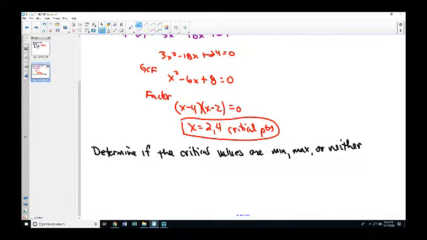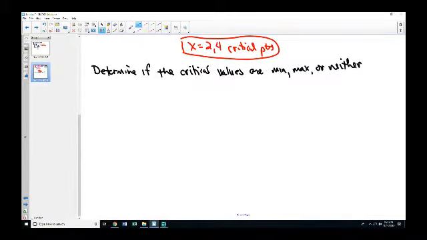One possible way to ask that question. Can you, knowing what the graph looks like, can you kind of guess?